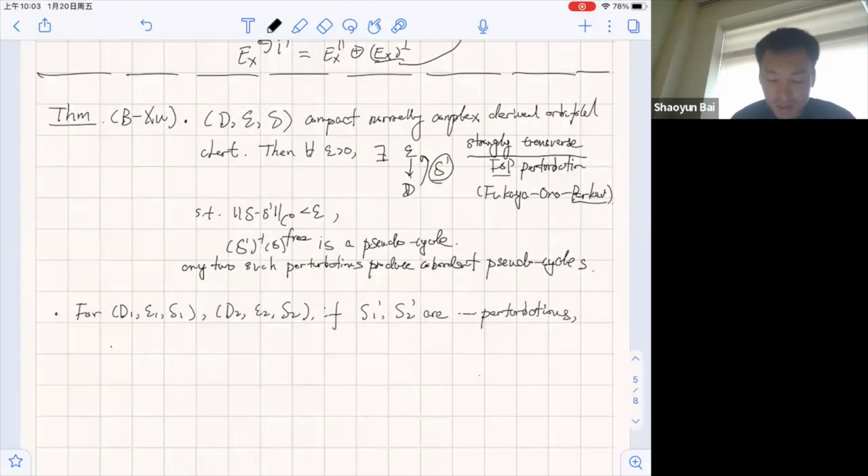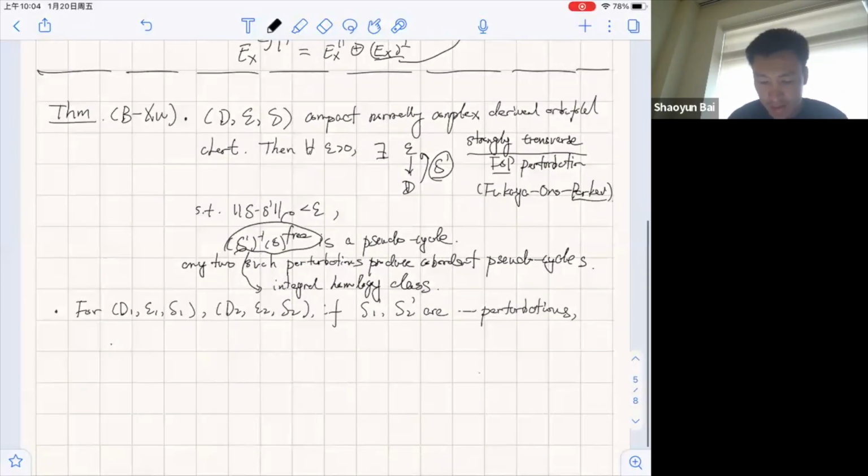Because of this statement, we know that the free part defines a pseudo-cycle. In particular, this produces an integral homology class in an obvious way. So this part of the statement says that there is a perturbation scheme to produce pseudo-cycles, and the outcome of this perturbation is an invariant of this derived orbifold chart.